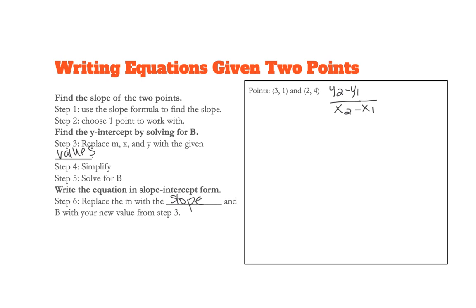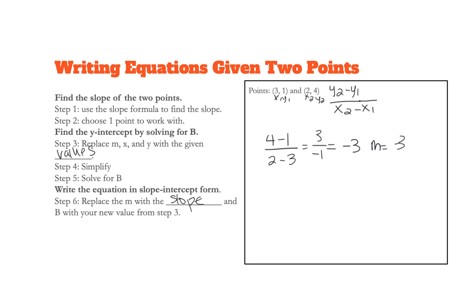Okay, so I'm going to label my points, x1, y1, x2, y2. So here I would be 4 minus 1 over 2 minus 3. That gives me 3 over negative 1. When I simplify this, my slope becomes negative 3.